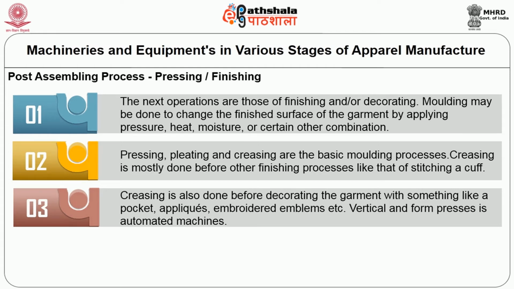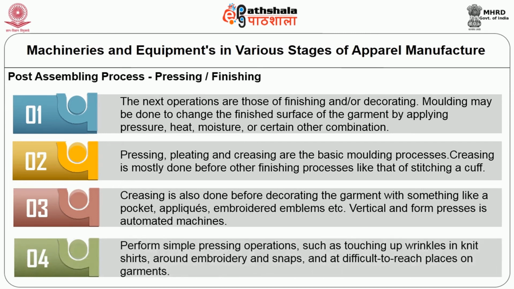Vertical and form presses are automated machines. They perform simple pressing operations such as touching up wrinkles in knit shirts, around embroidery snaps, and at difficult to reach places on the garments. So this machine is an example of finishing jackets.